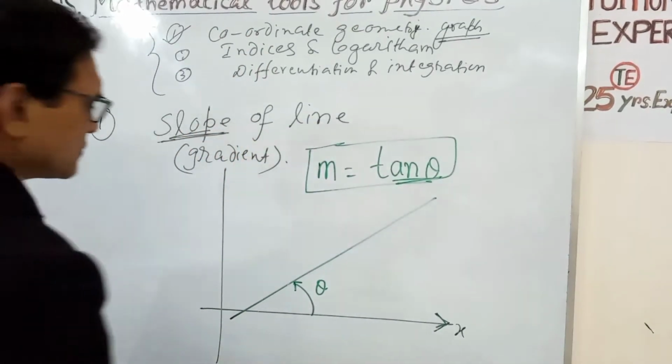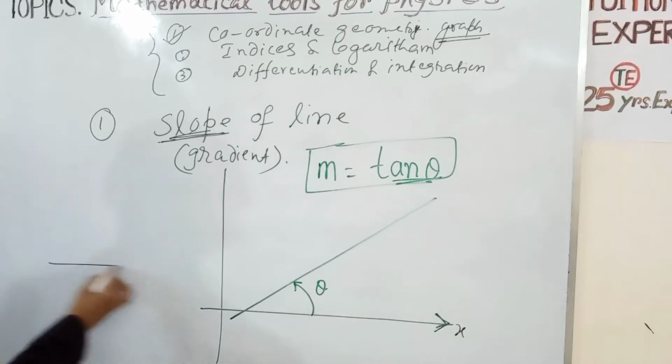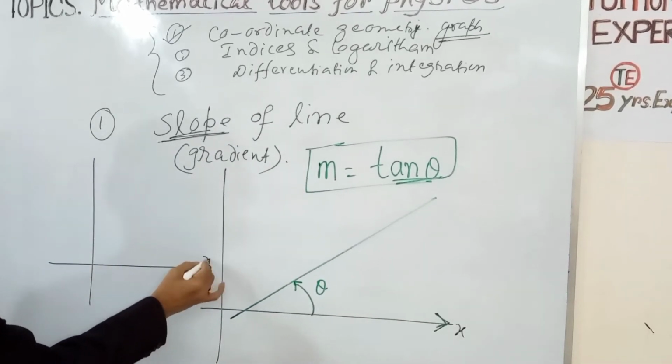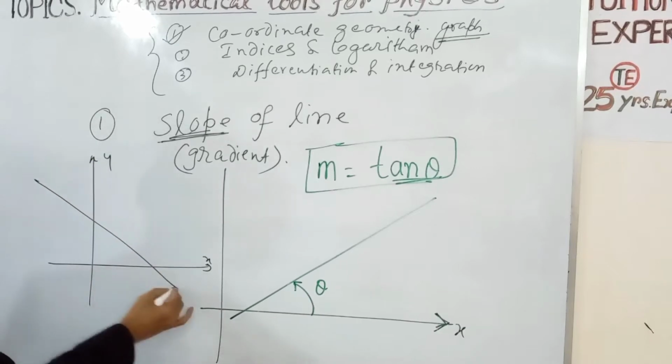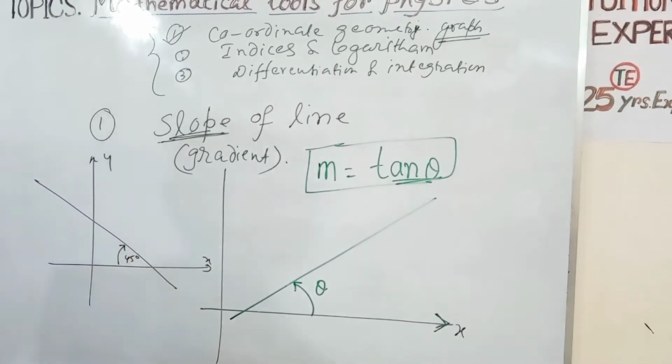Now suppose a line, with x-axis and y-axis, makes this angle of 45 degrees. What is the slope of this line?